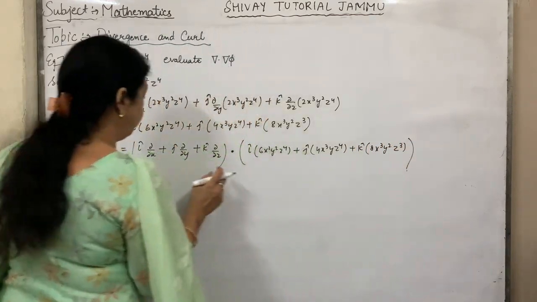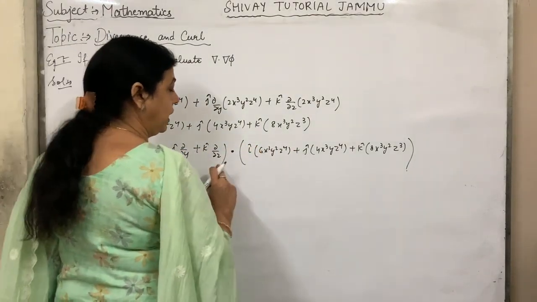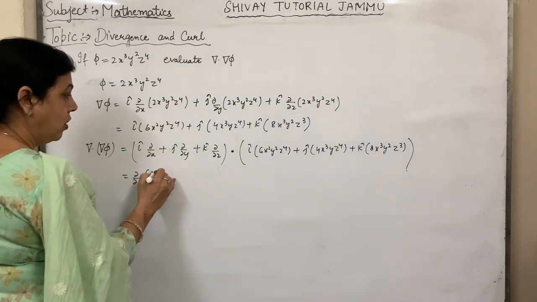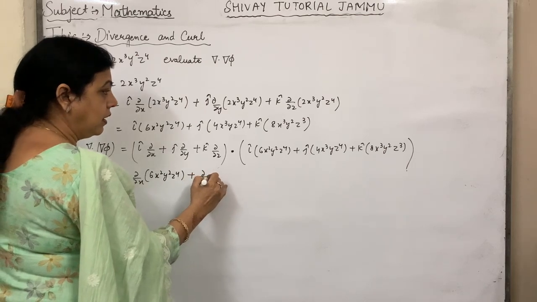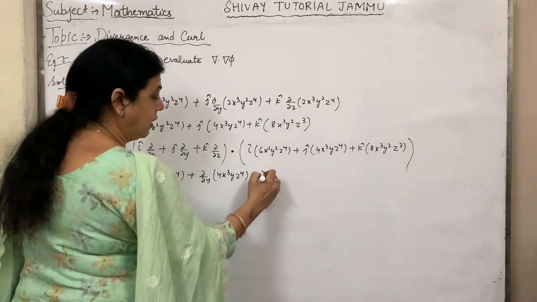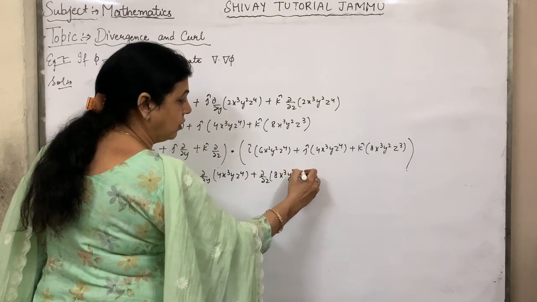In the dot product, we will multiply the i coefficient with i, j with j, and k with k. I will get ∂/∂x of 6x square y square z4, ∂/∂y of 4x cube y z4, and ∂/∂z of 8x cube y square z cube.